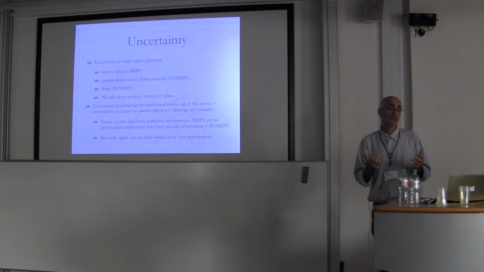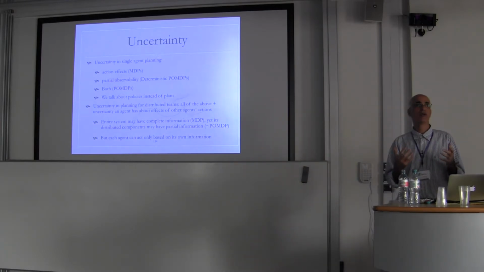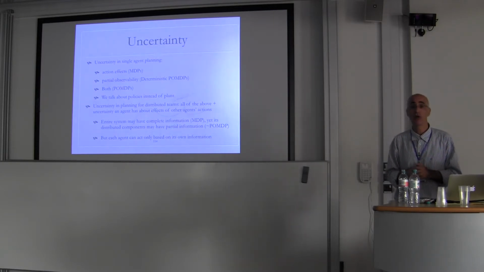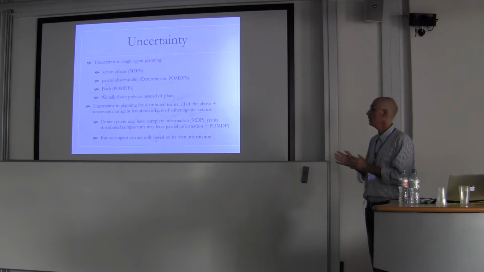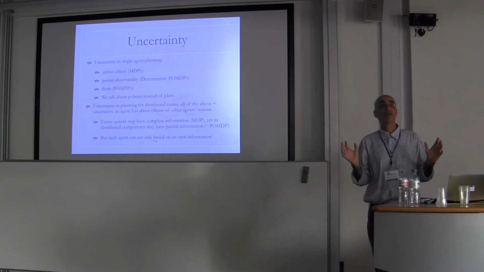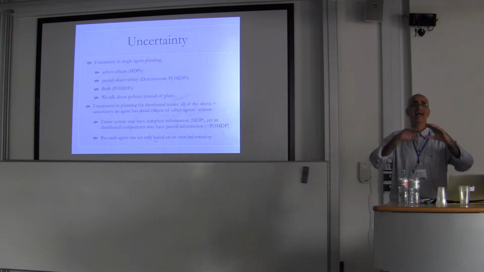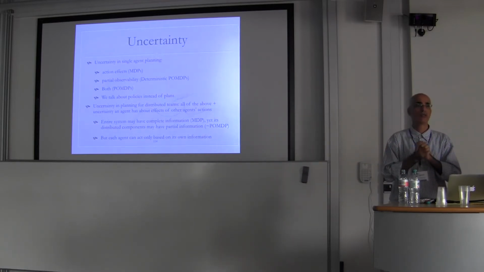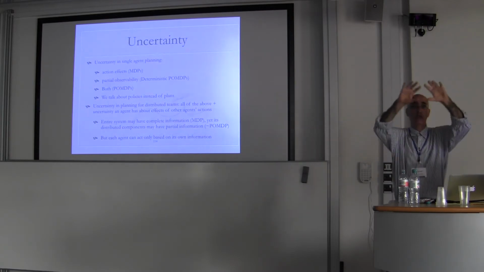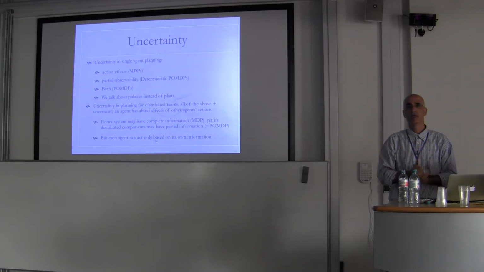I'm especially thinking about systems in which you do need agents to act together simultaneously to achieve some goal, although this is relevant also when that's not the case. So you may have a multi-agent system that has perfect information about the state of the world when you put the entire information of all the agents together. So you basically have something like an MDP when you look at the entire system.